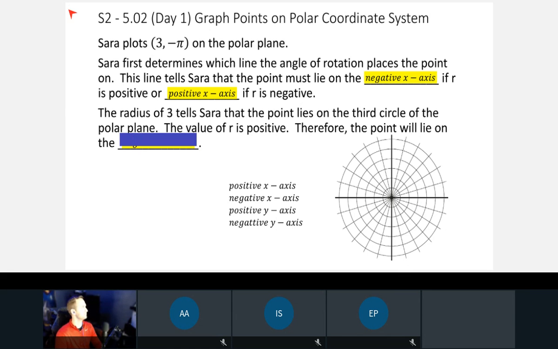Very good. This problem's not very difficult if you break it down and understand rotations: negative is rotating clockwise, positive is rotating counterclockwise. A positive r value, you don't change once you rotate. If it is a negative r value, you just rotate 180 degrees, so the diagonal. This question was on the last test and it'll be on your final as well.